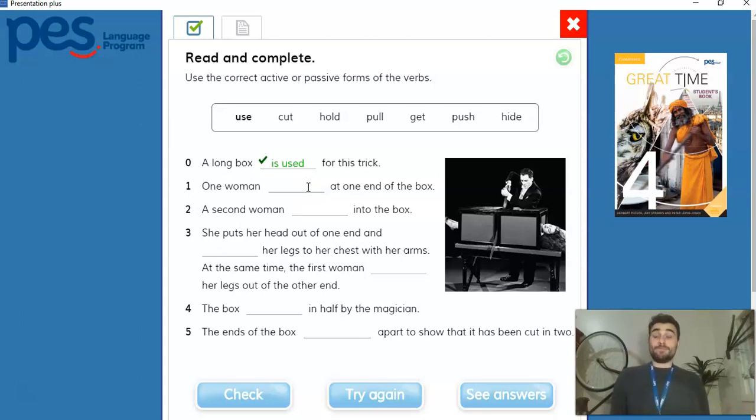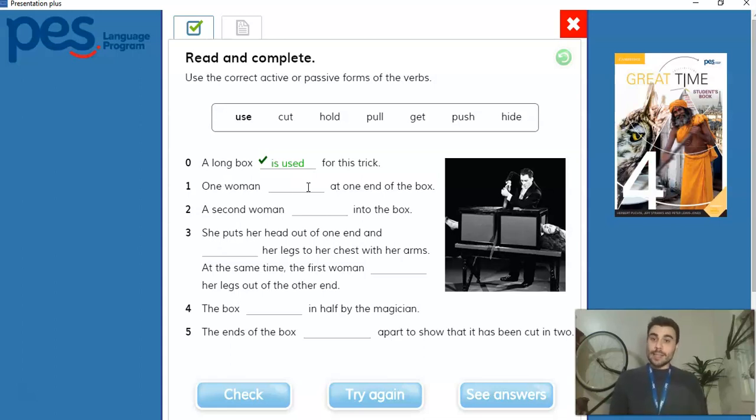Okay, guys, how was that? Difficult? This one is a bit tricky, right? So no worries if you couldn't get all the answers for this one, okay? The important thing here is to really try to understand whether it's an active or the passive form of the verbs, okay? So let's try to complete together.